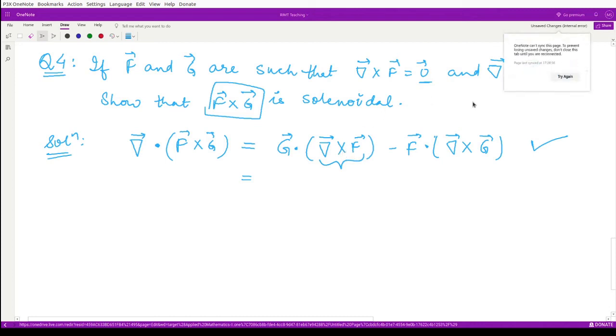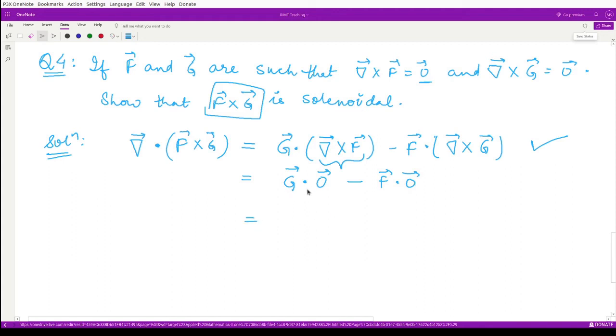This is given to us in the question. Accordingly we have vector G dot vector 0, and minus vector F dot vector 0, which is 0, right? Whenever you take the dot product of two vectors, out of which one vector is a 0 vector, obviously you are going to get 0, and here also you are going to get 0. Now these zeros are scalar quantities and not vector quantities. Why?